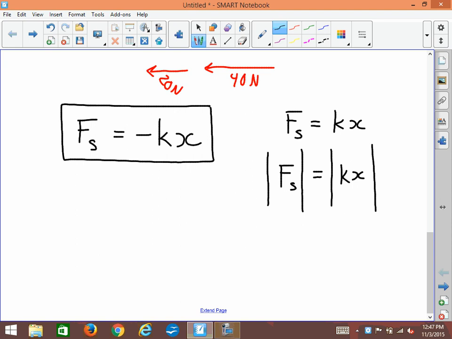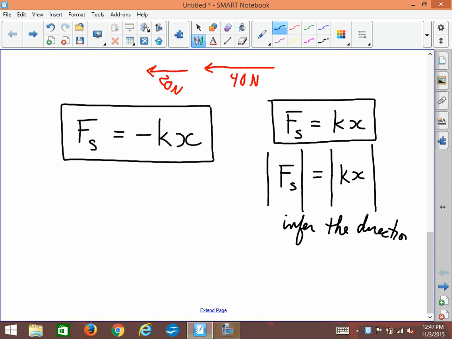When you calculate this way, you are figuring out how much the force is, and you're going to infer the direction, because you know that it will always be opposite to x. So sometimes we like to do it that way. It depends, I guess, on what kind of person you are and how you like to think of it. The textbook we're using uses this, but I have seen many that use this. So depending on how you want to do it.